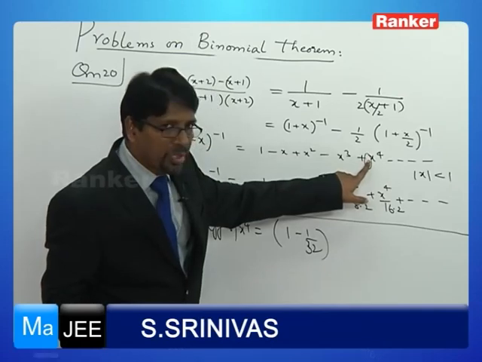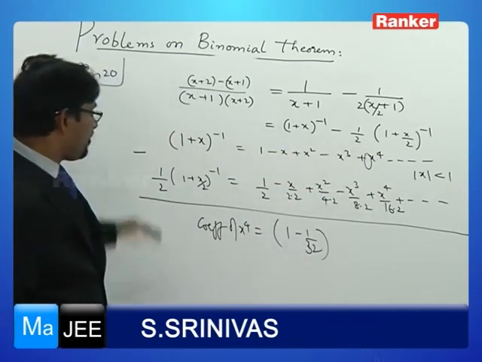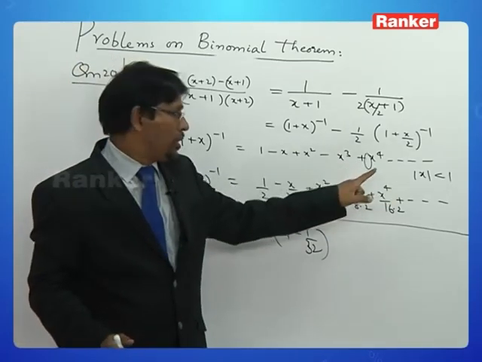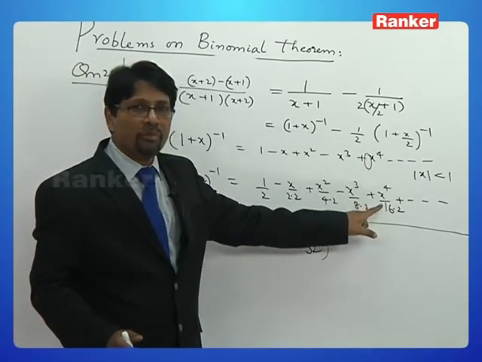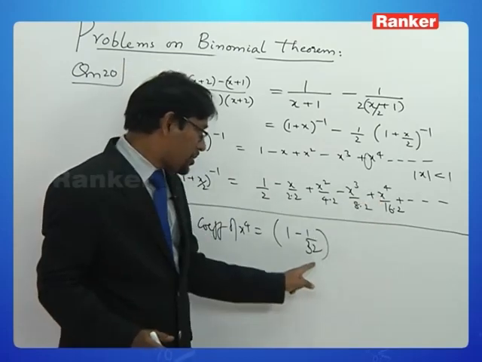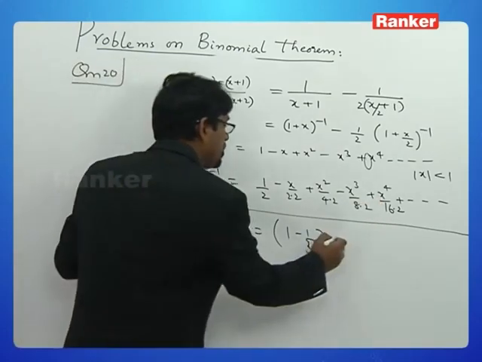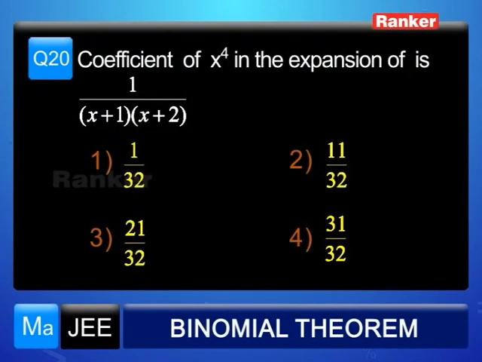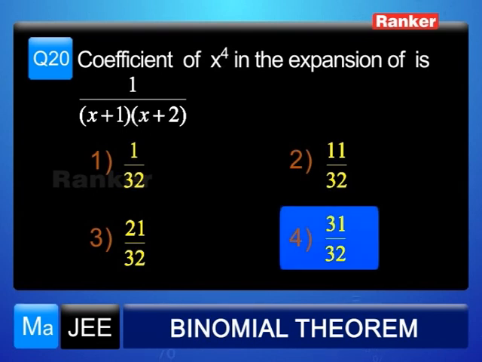And what is the coefficient of x power 4 here? 1 here. In the difference of these two expansions, we need the coefficient of x power 4. So what is that? 1 minus 1 by 32. So what's the answer? 31 by 32. So clearly the option is 4. Answer is 4 there.